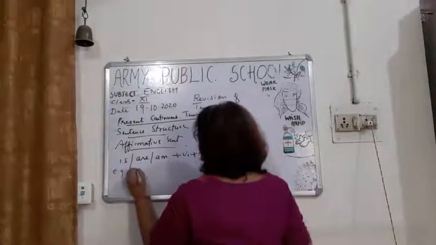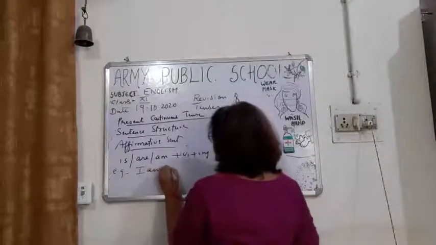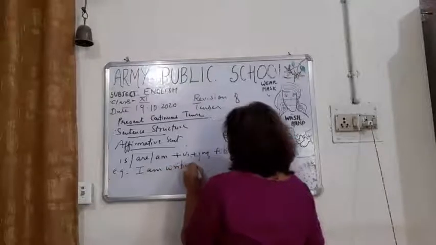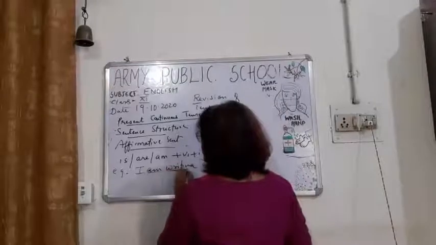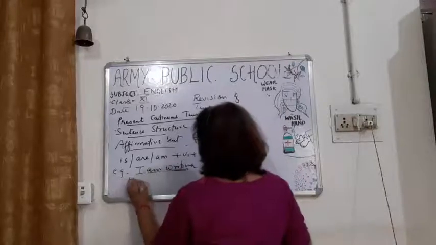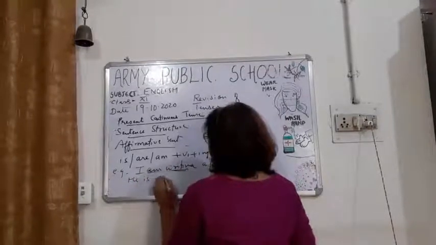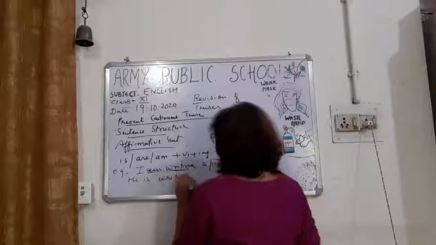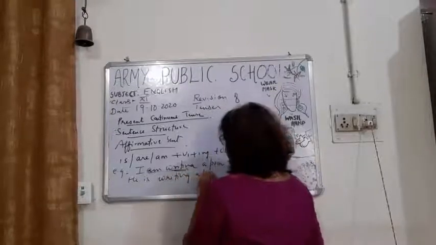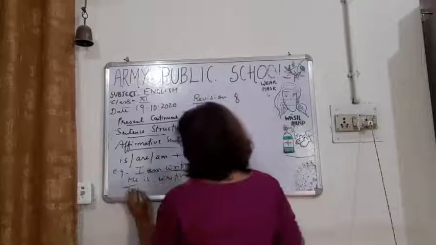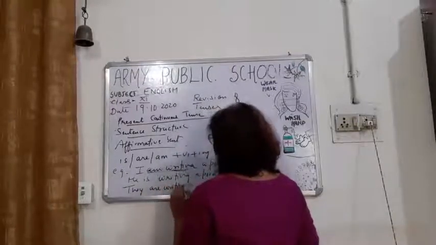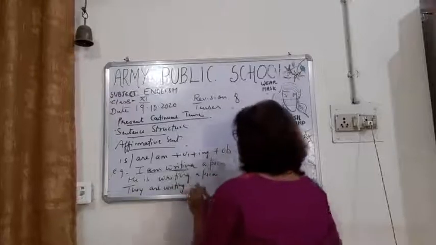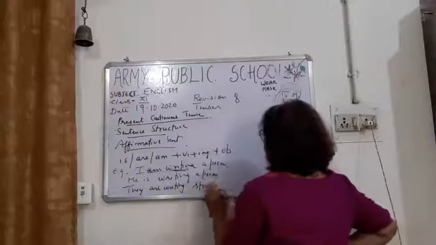For example, I am writing a poem. So generally am is used with I. Then he is writing a poem. Then they are writing a story.